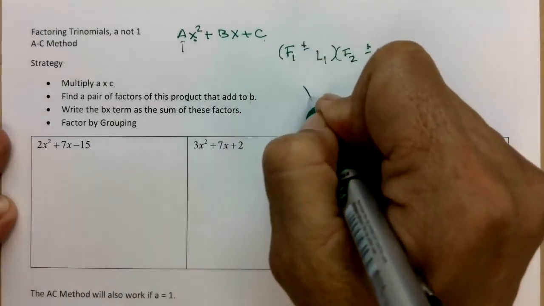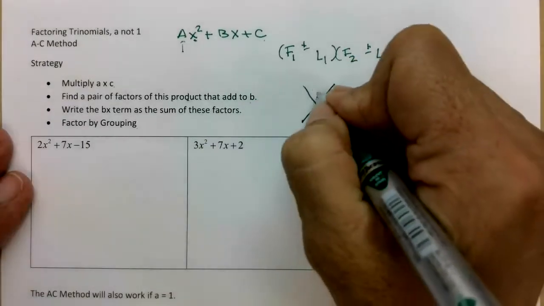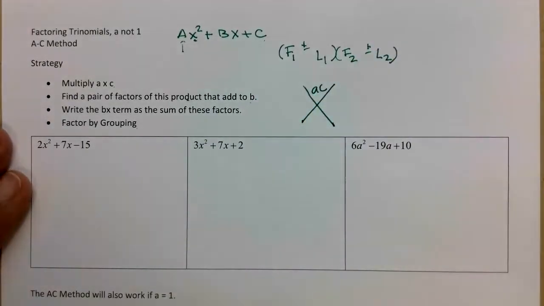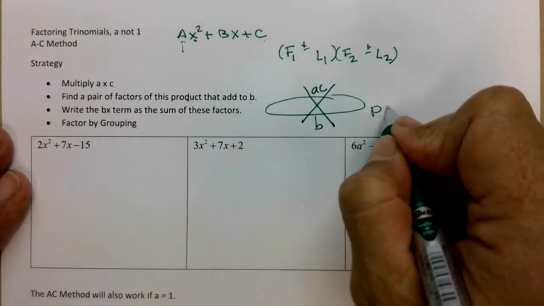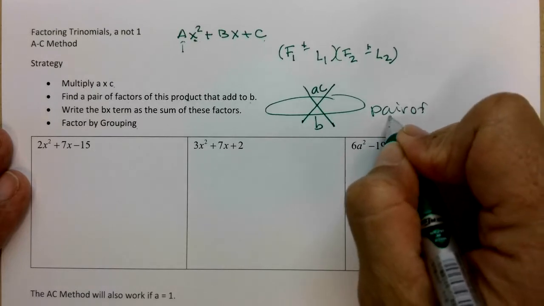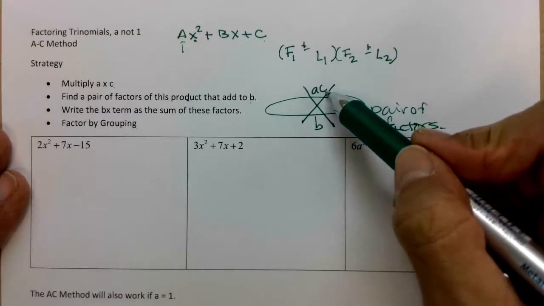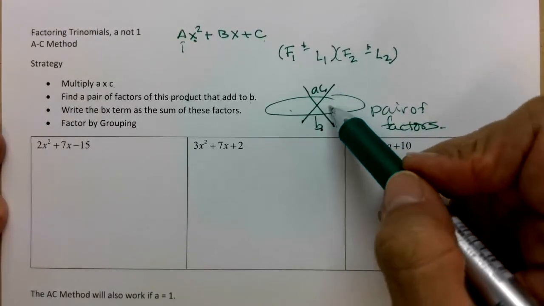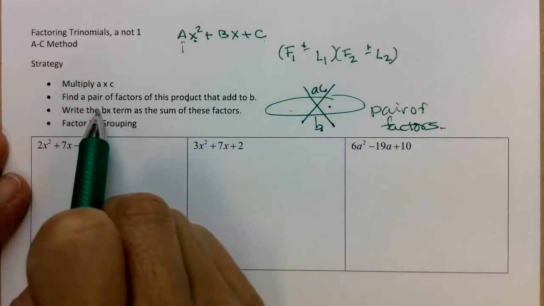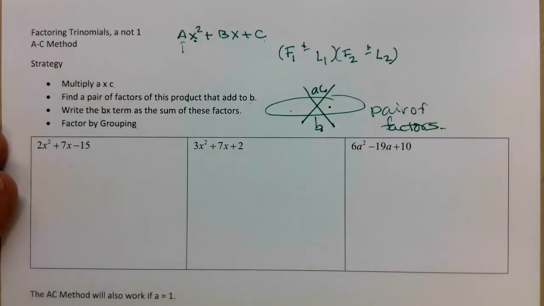I'll use the X: I'll put the AC product up top, B goes on bottom, and then we come up with that pair of factors that will multiply to give AC and add to give B. Once I know those two, I rewrite the bx term and do some factoring by grouping.